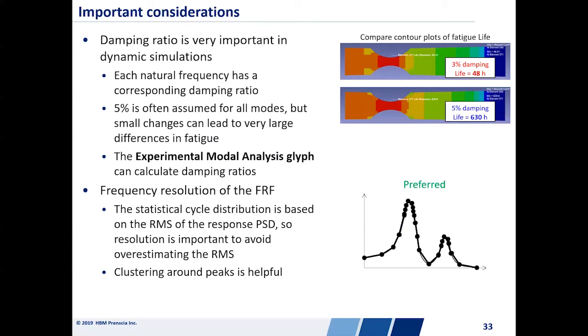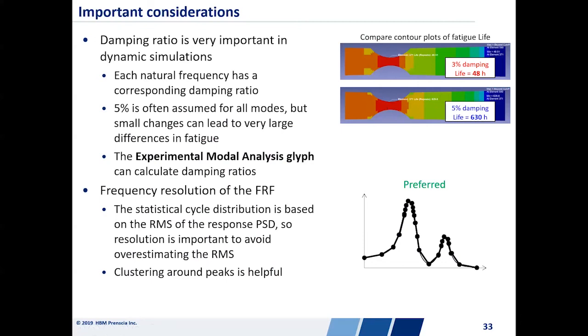However, very small changes in the damping ratio can result in extremely large changes in fatigue. And the image that we have in the upper right is a perfect example of that. If we assigned a 5% damping ratio to this very simple part that we have right here, and we looked at this critical area where we're seeing a lot of damage occurring, the life might be represented as 630 hours for some PSD.